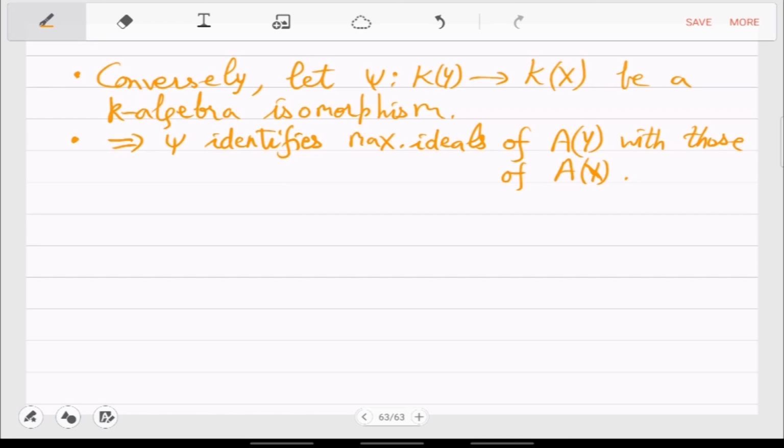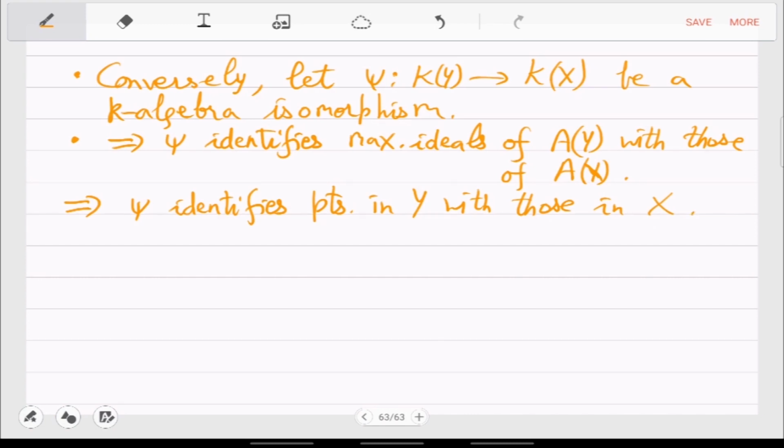Now, what do the max ideals of the coordinate ring signify? A max ideal M of AY signifies a point on Y. So psi identifies points in Y with those in X. Okay, so this was easy.